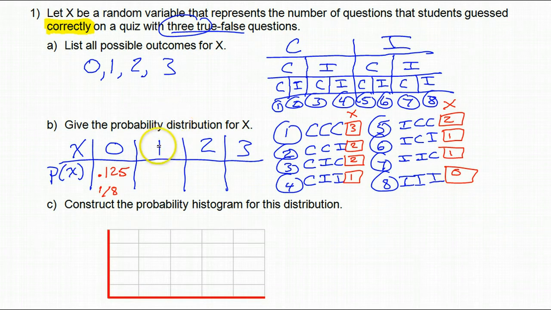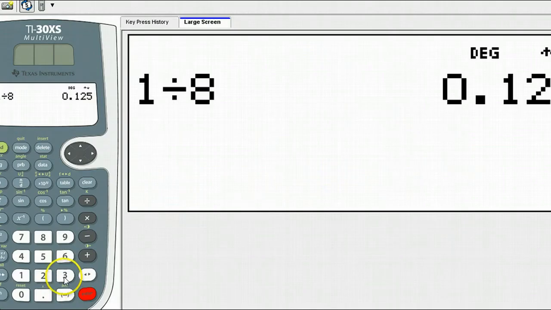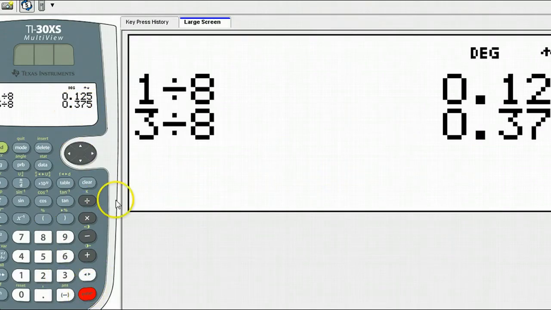The probability of getting 1 correct: that happened 3 times, 3 out of 8 times. That's 0.375.